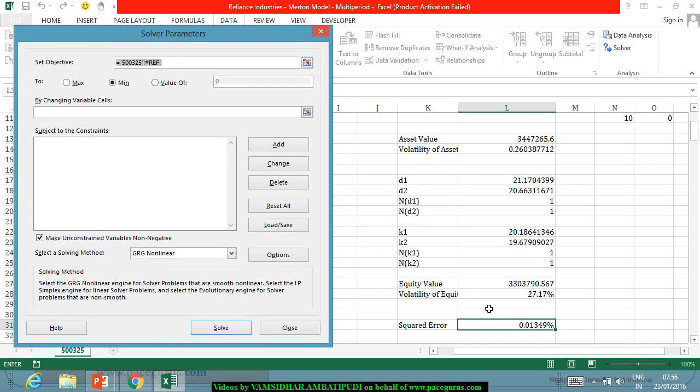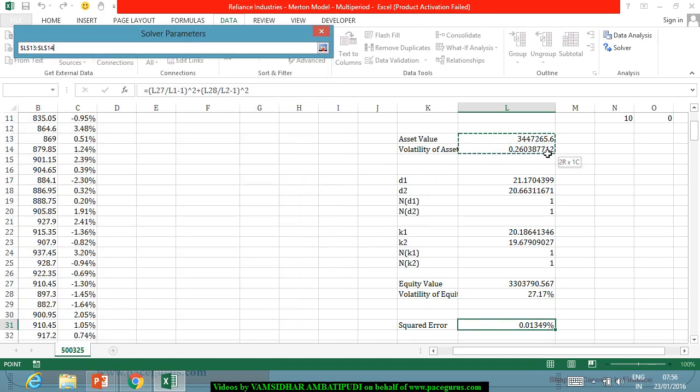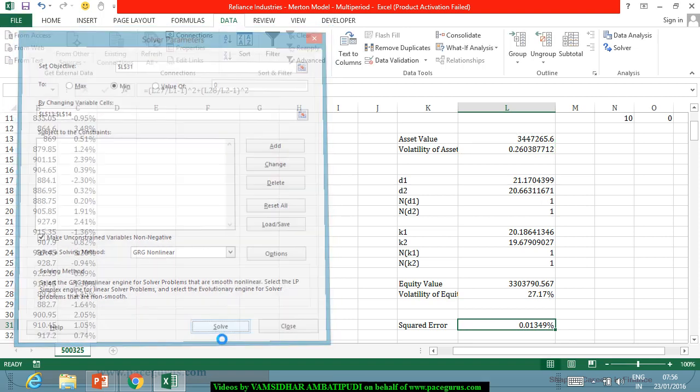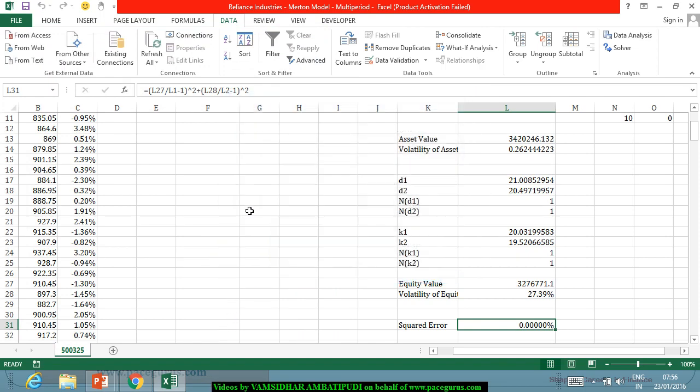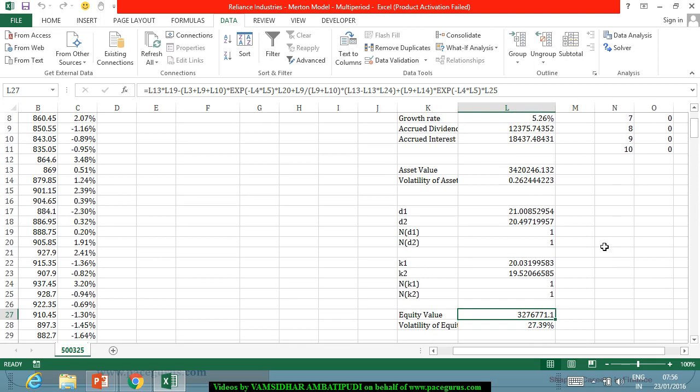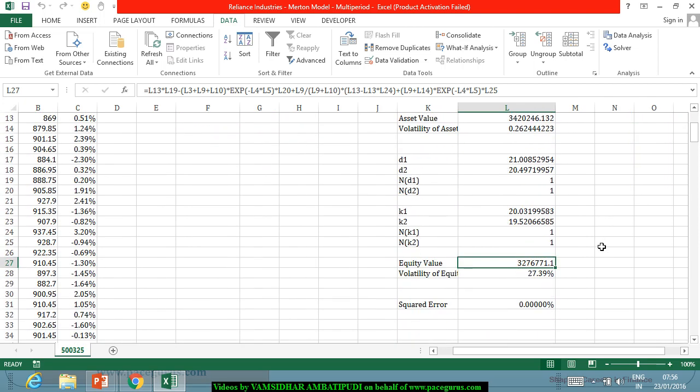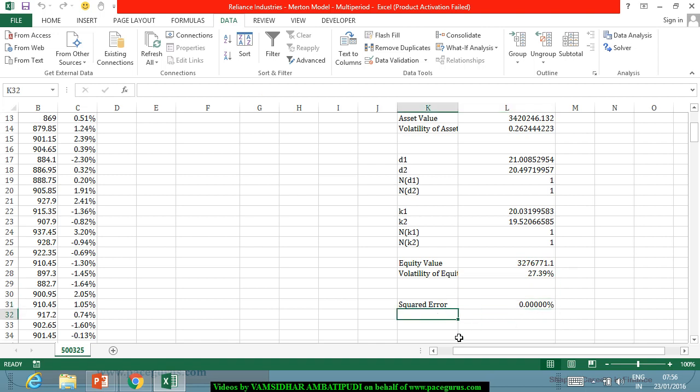The objective has to be minimized by changing the asset value and the volatility of the asset. So let's try solving it. We have got something close to 0. So the equity value is very much 327, the volatility of the asset matched, and the squared error came very close to 0. So based on this we can easily work it out.